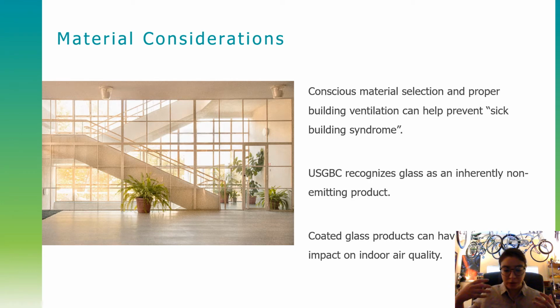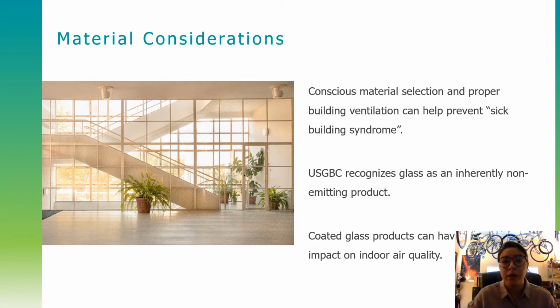Whenever we're thinking about improving air quality, we also have to take into consideration our material transparency and what our actual materials are doing, whether they're having a negative or positive impact on the air quality in your space.